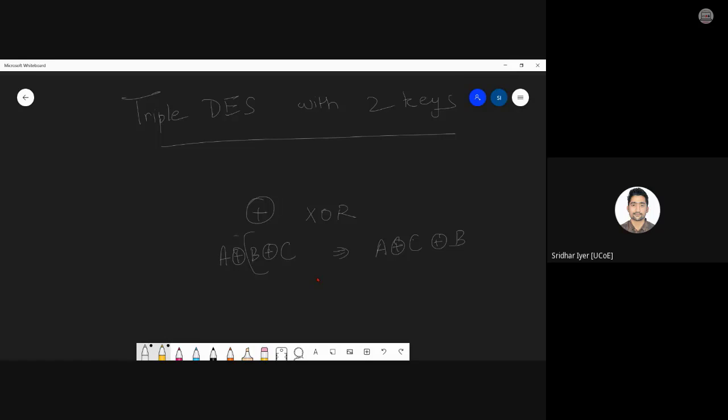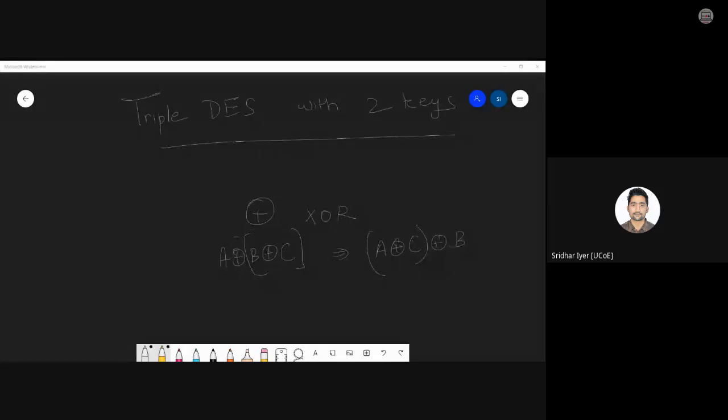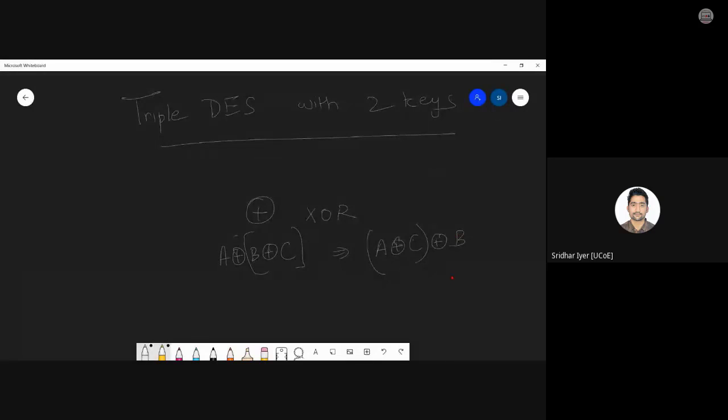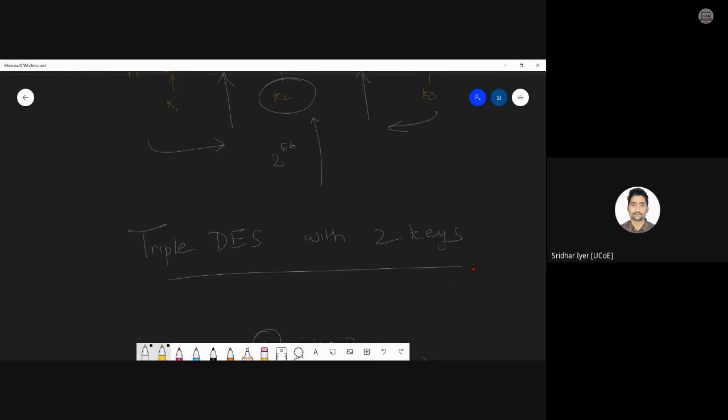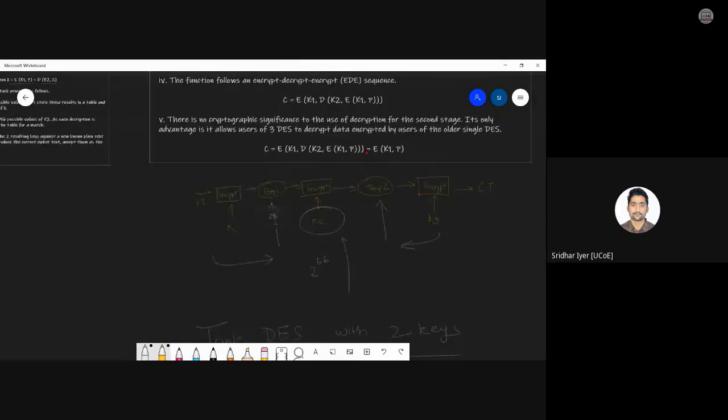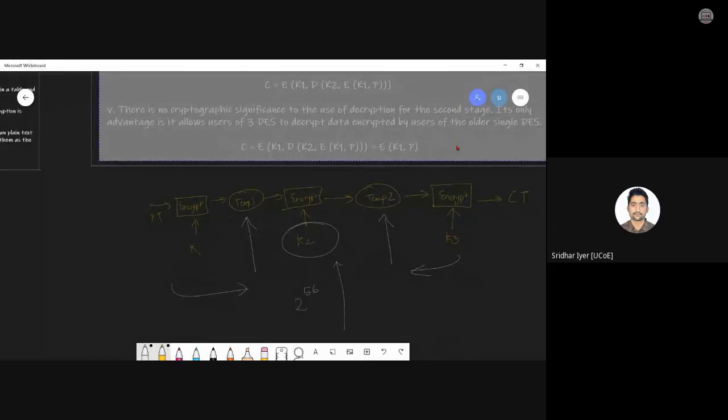We can add a bracket also in between. They will give you the same result. Yes or no? Clear, right? So what we can say is triple DES with two keys is very simple. The thing is, it is like this. Just have a look.